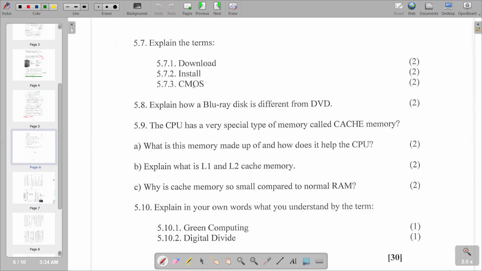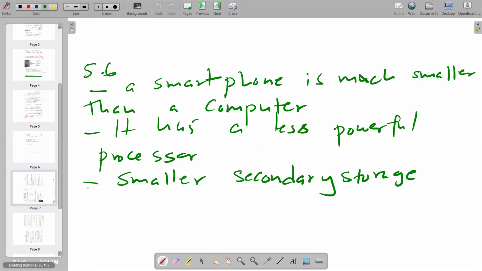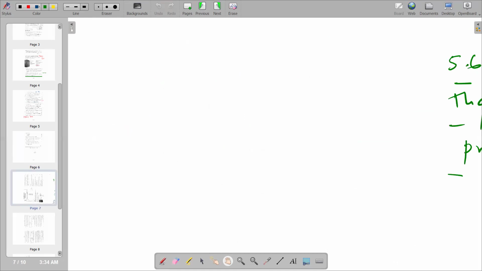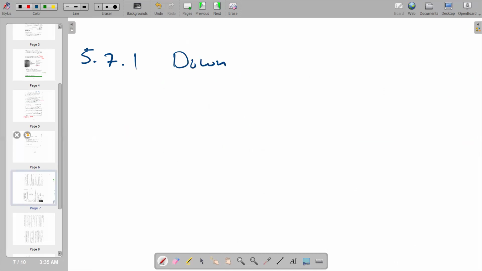It is saying explain the terms download, install, and formats. So we can start with the part of download. We can try to explain that. So this is now our 5.7, 5.7.1, and we want to explain.